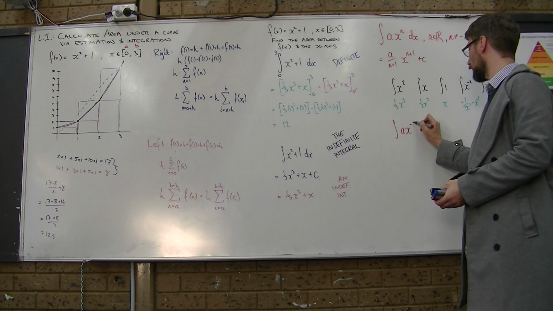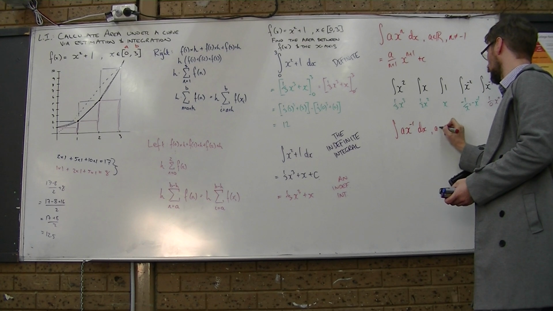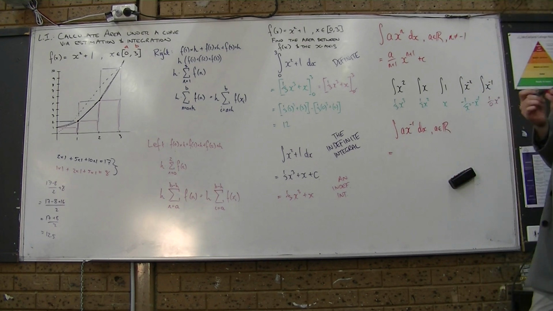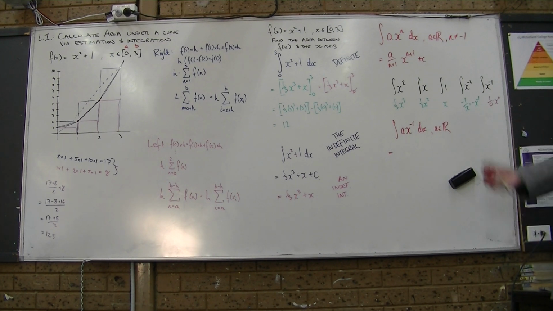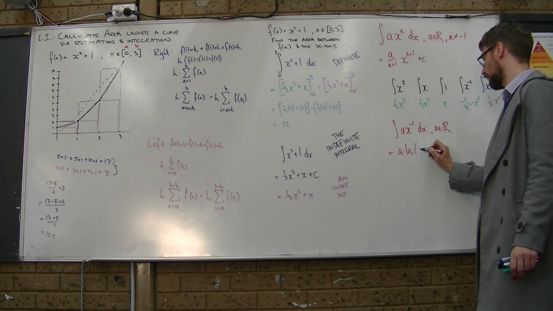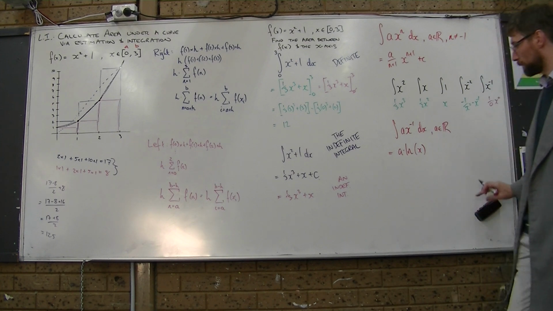The integral of x to the negative 1 dx. And now we'll ask the people that are doing Specialist, who should definitely have this easily memorized. It's A times ln of the absolute value, and I'm going to write it like that because there are methods on Specialist.